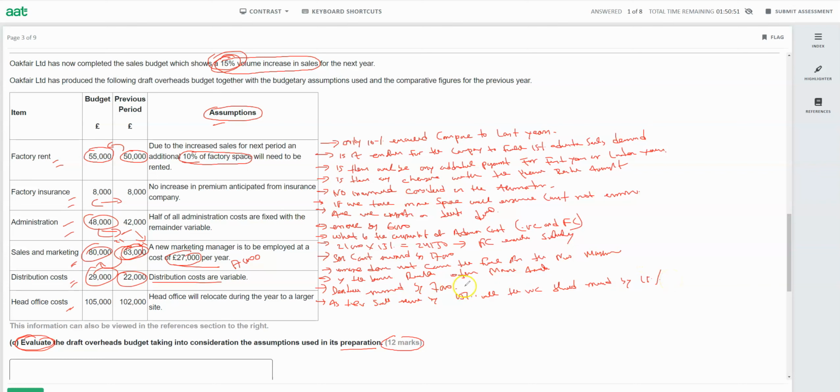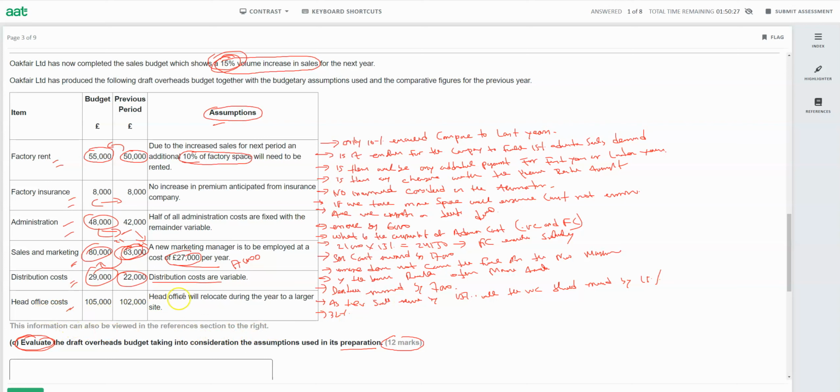Here it is increased a lot. Distribution cost increase 7,000. That means 7,000 divide 22,000 times 100 is almost 32%. So increase by 32%. So this doesn't look like reasonable, and we have to ask the question, like, have the cost of distribution increased significantly?